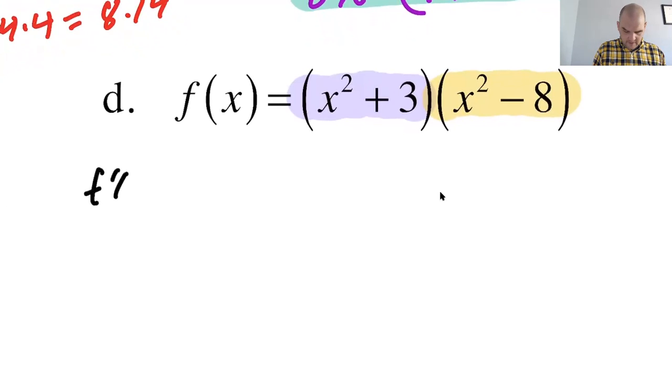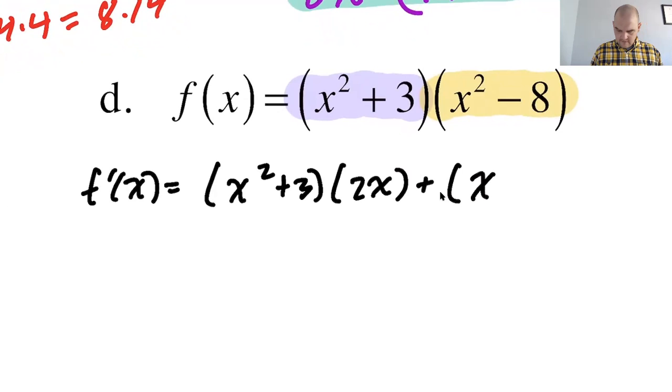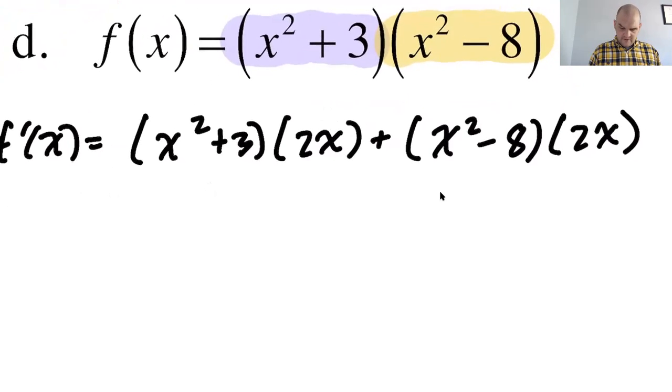So f prime is going to be first times the derivative of the second plus second times the derivative of the first. All right, let me highlight some of those. First, I'll switch as I go.